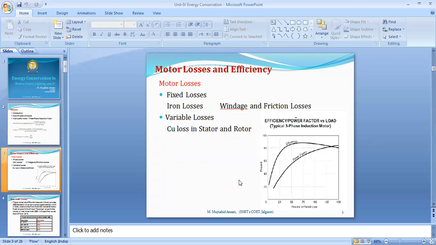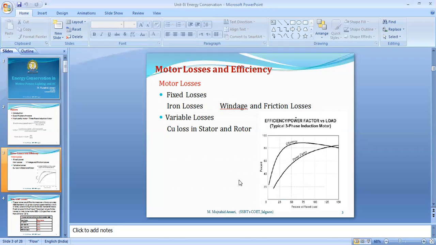Now, motor losses and efficiency. What are the motor losses? Motor losses are of two types: one is the fixed losses, and the second is the variable loss. Fixed losses is the iron loss, which takes place in the rotor as well as the stator. But the iron loss in the rotor is quite small, or negligible.